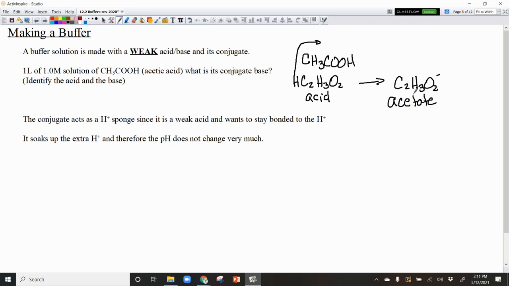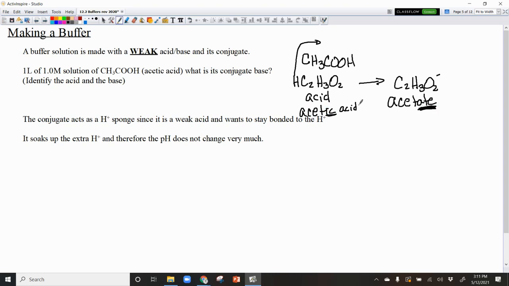Okay, acetate ion. So this is acetic acid. Okay, so ic comes from ate. So if you have an acid that ends in ic, then its conjugate base is going to end in ate.